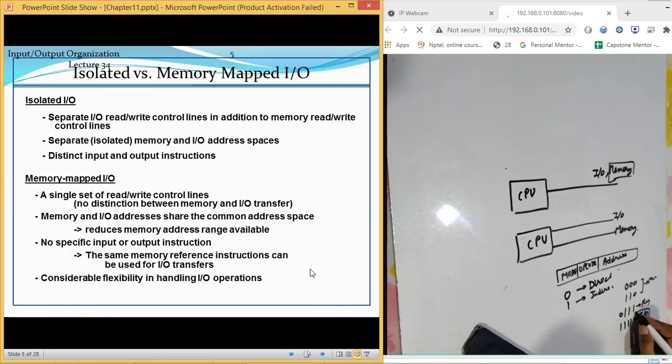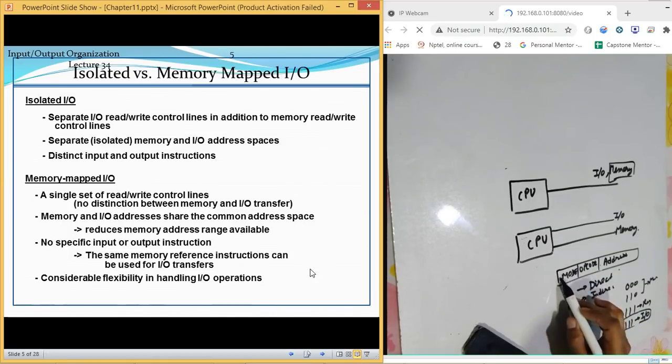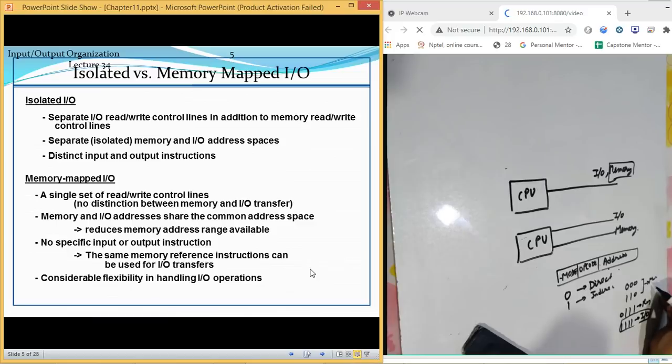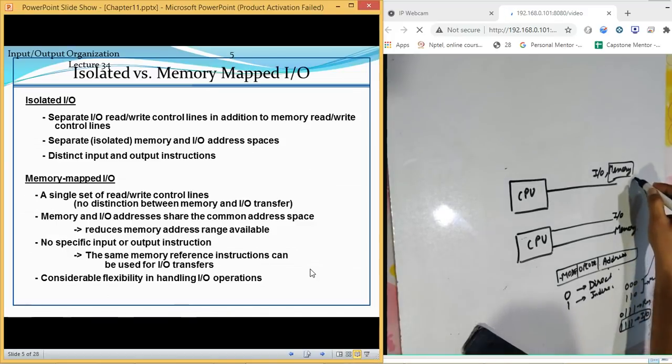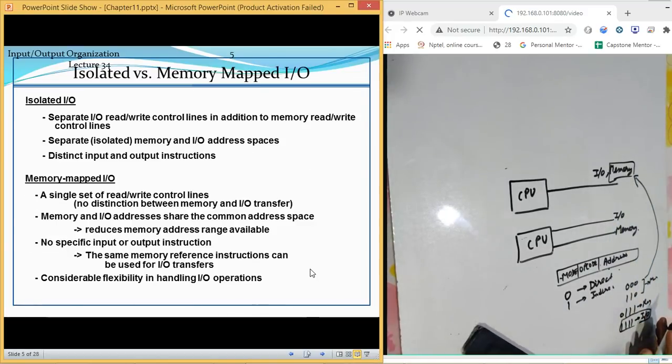So from this we can understand that if we are using such a setup, our input output and memory are in the same place. So we are using memory mapped input output in the case of the things which we have studied earlier.